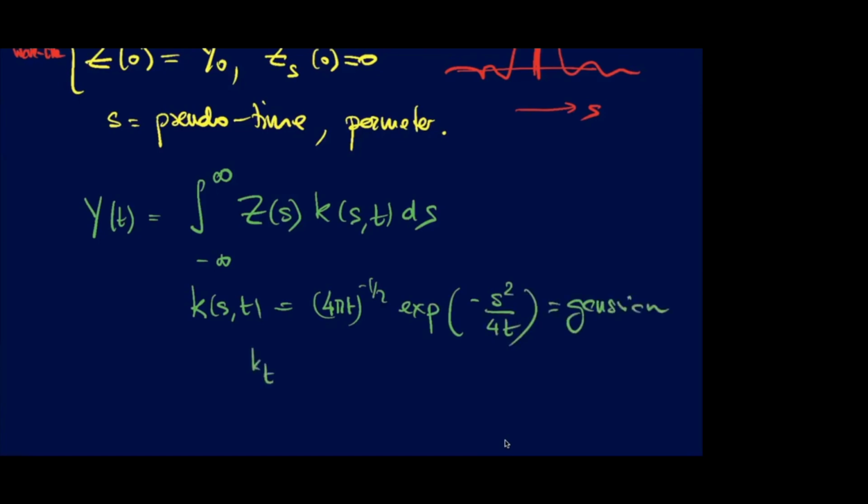Solving the heat equation in 1D with initial datum the Dirac delta at s equals 0, right?